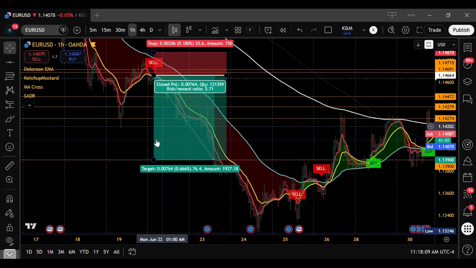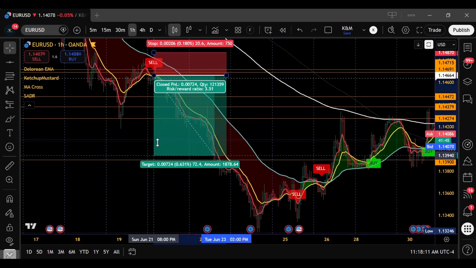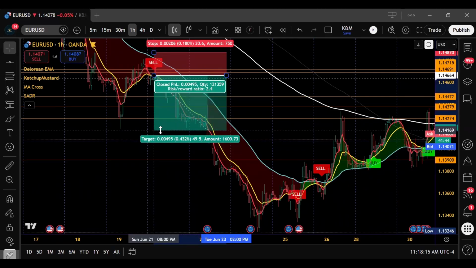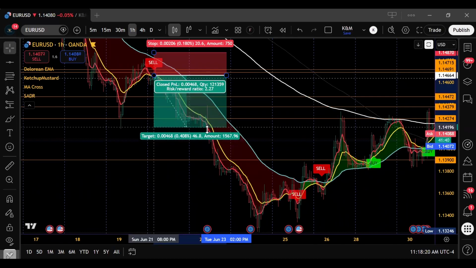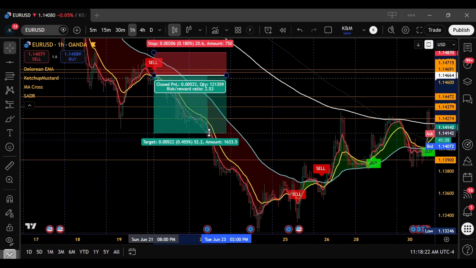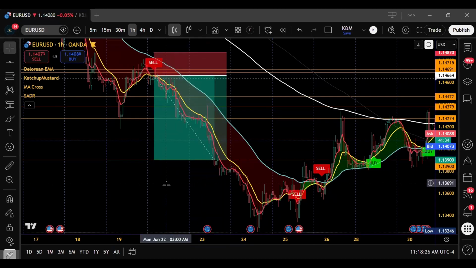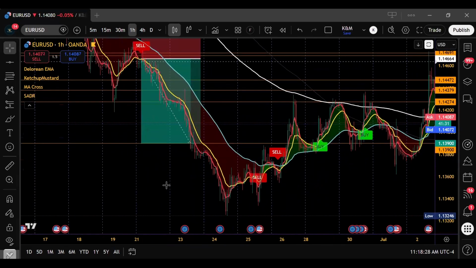So by the time it hit 50, let me see, where was the 50? 50 pips would have been around here. That would have been this candle right here would have hit it. Anything after that is just extra. We would have hit all those targets.